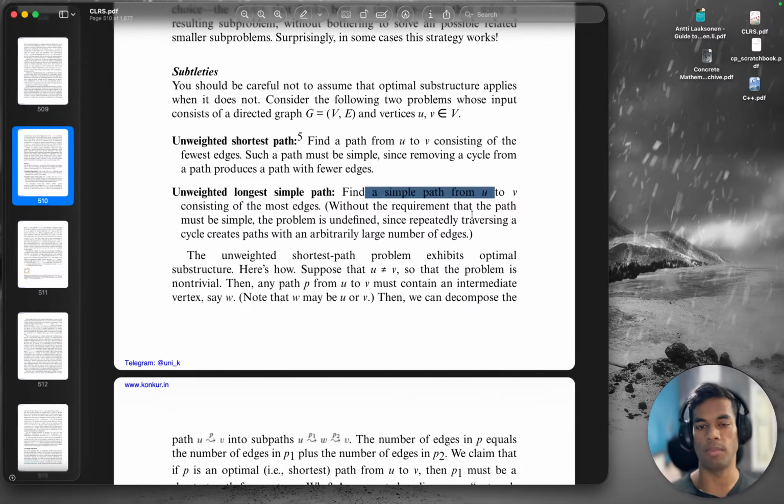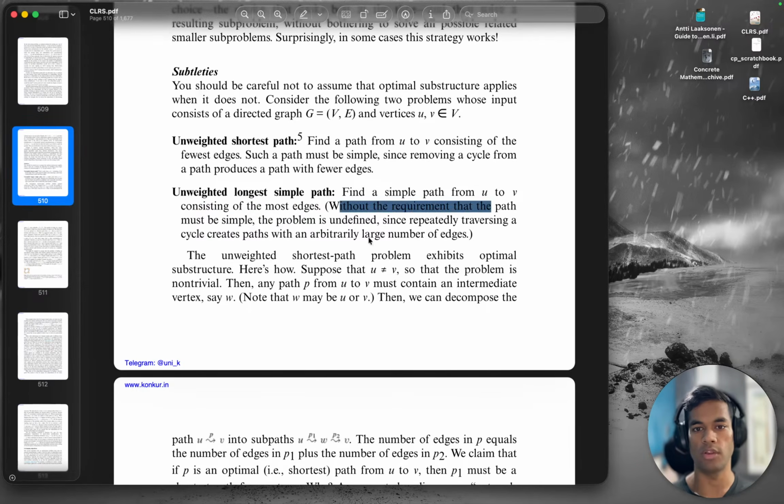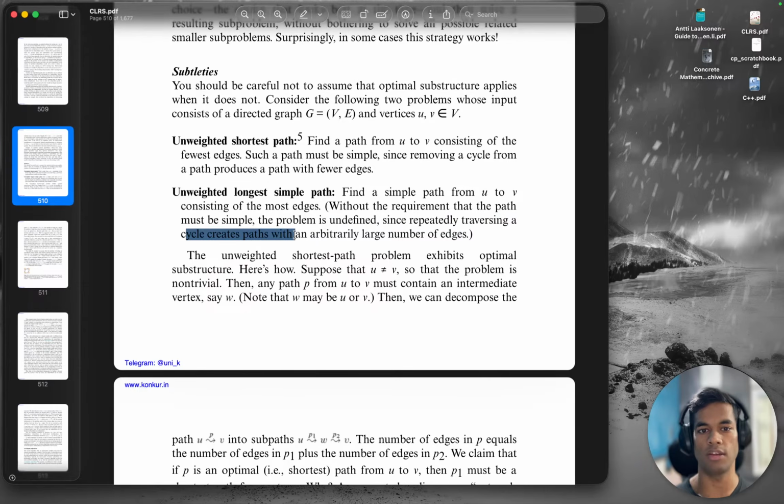Find a simple path, so we cannot make loops, from u to v consisting of the most edges. Without the requirement that the path must be simple, the problem is undefined since repeatedly traversing a cycle creates a path with an arbitrarily large number of edges.